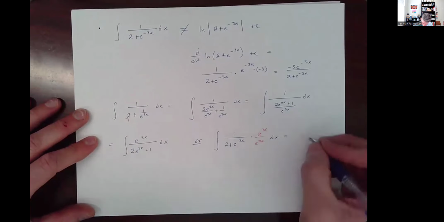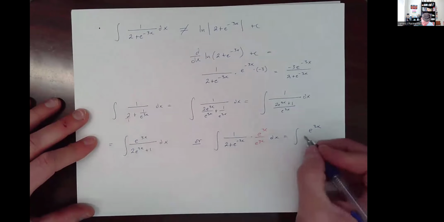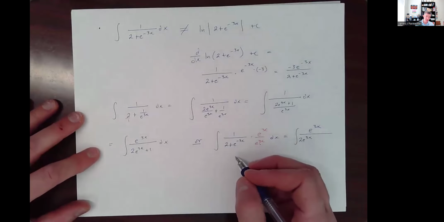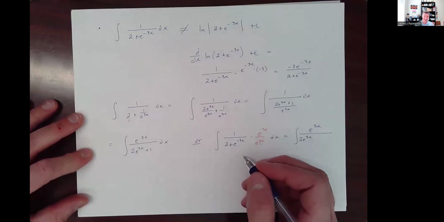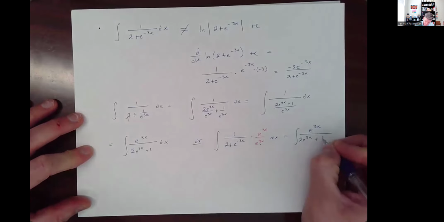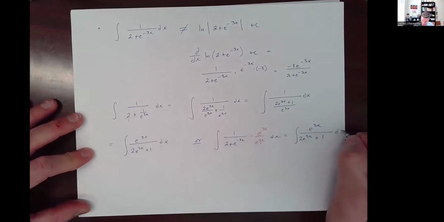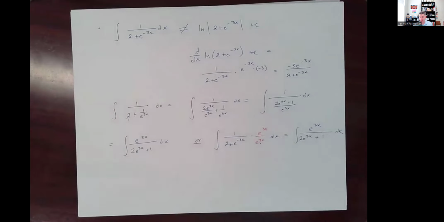I'm going to get e to the 3x on top, e to the 3x times 2, and finally, e to the 3x times e to the negative 3x. We add those powers together, and negative 3x plus 3x is 0, and e to the 0 is 1. Oh, look, those look the same. So either way you want to get from here to there is fine, and now we have to actually integrate it.